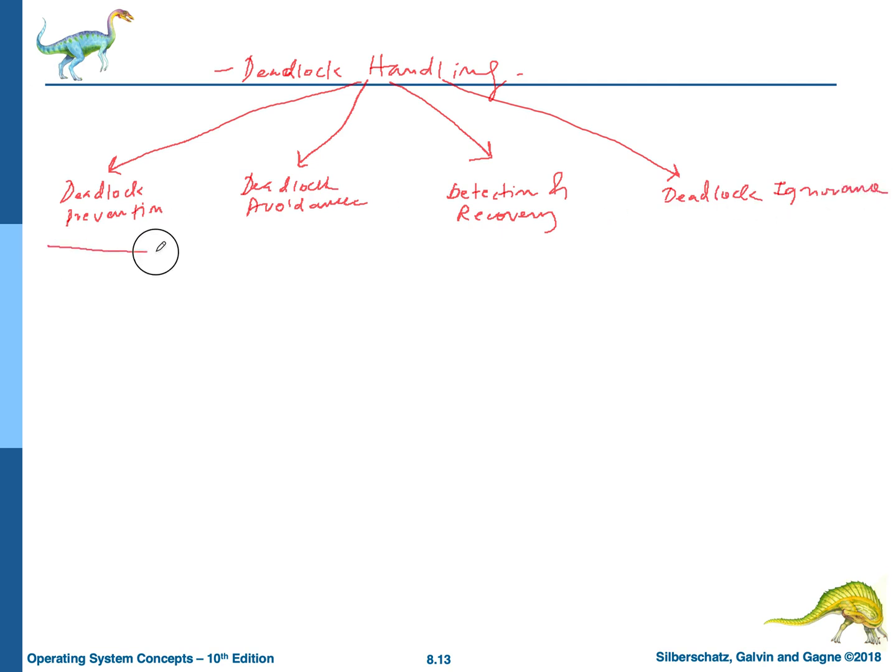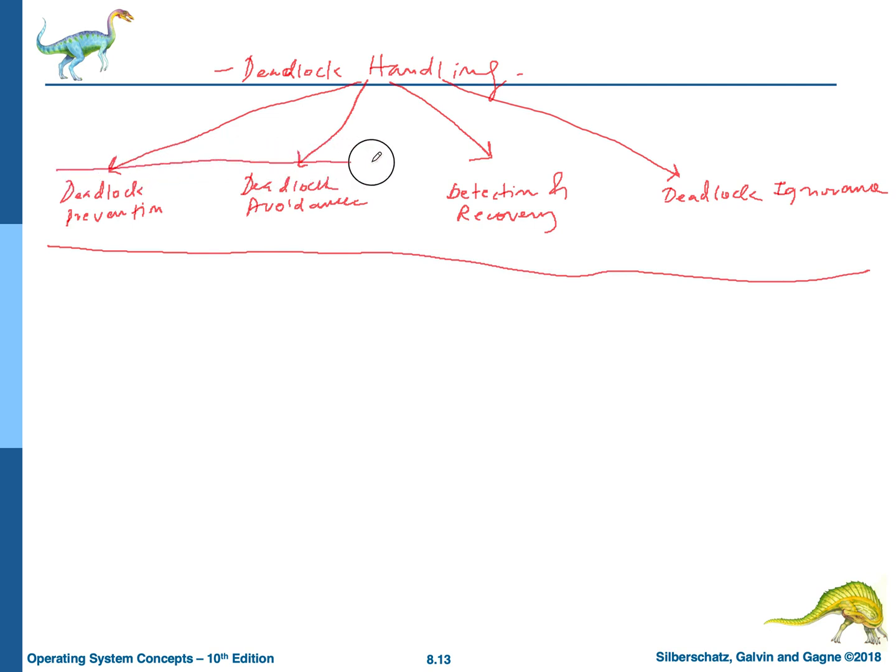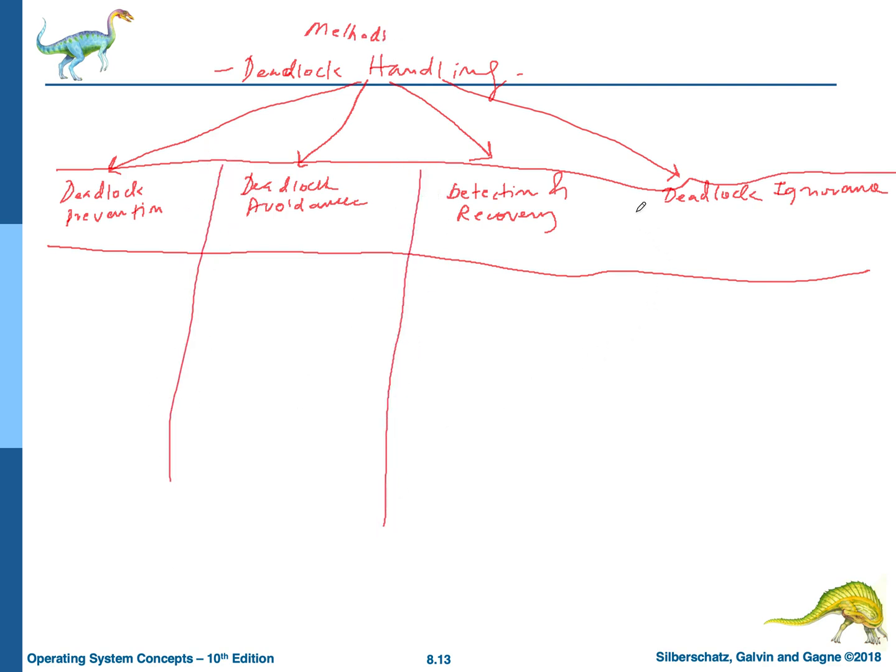Okay, so there are 4 methods to handle deadlocks.